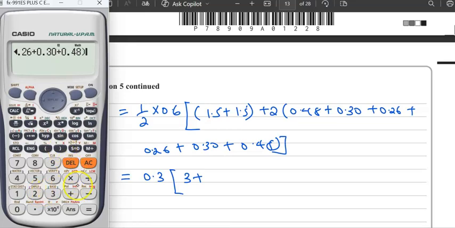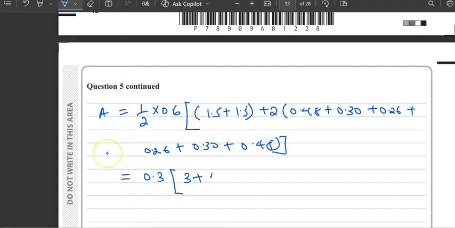Then we can close the bracket and find what your solution is here. So this one is 4.16.